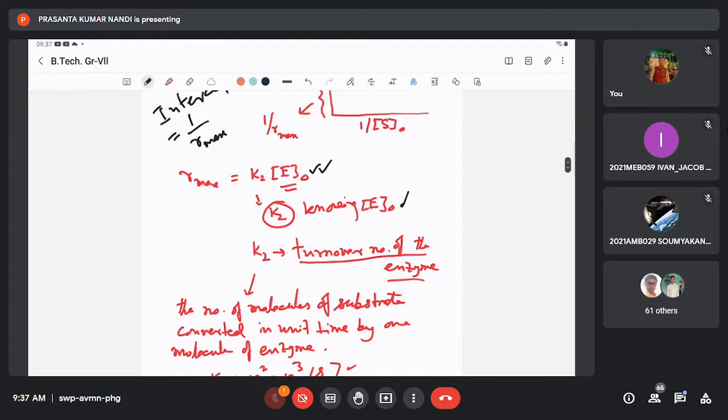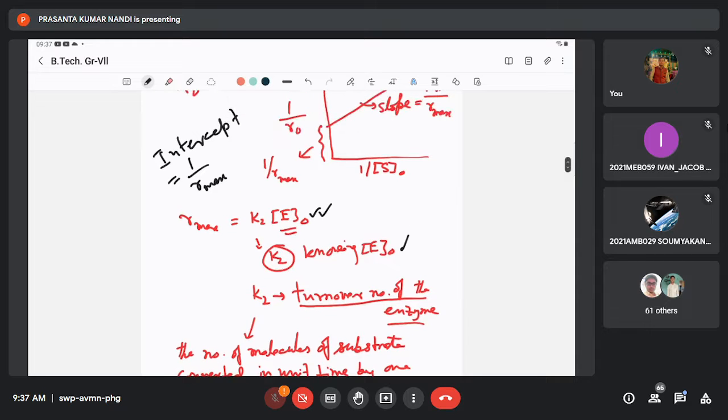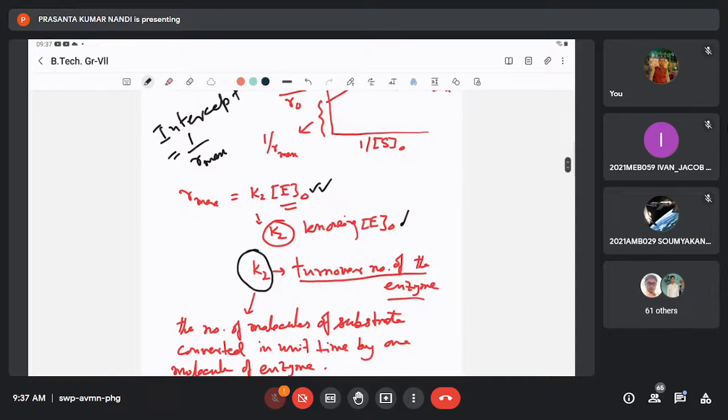Now this k2 is popularly known as the turnover number of the enzyme. This is very important. It bears physical significance.